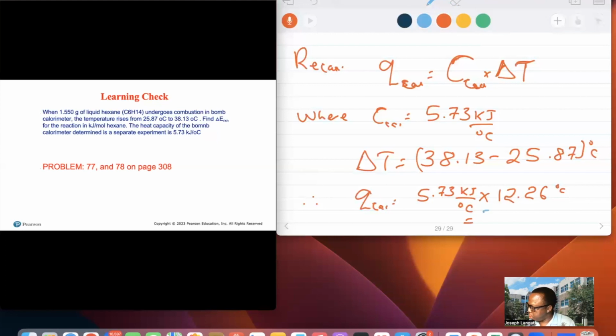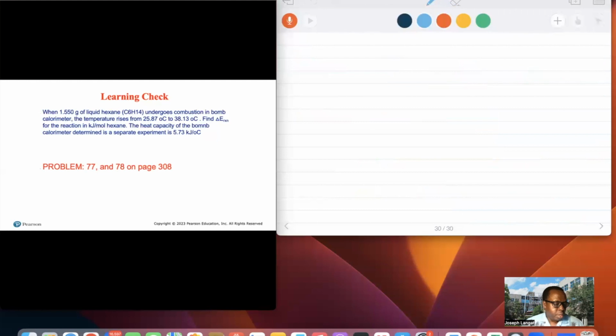And everything will be 70.2498. If I cancel the units, kilojoules, this is more than what we need for significant figures, but we cannot round it up until the very end. So this is the Q for the calorimeter.